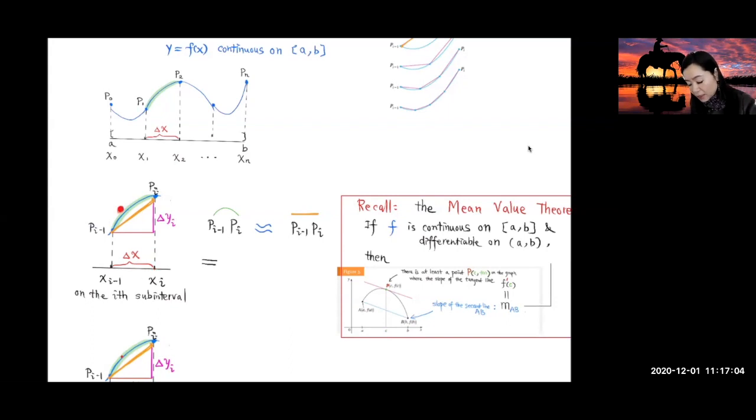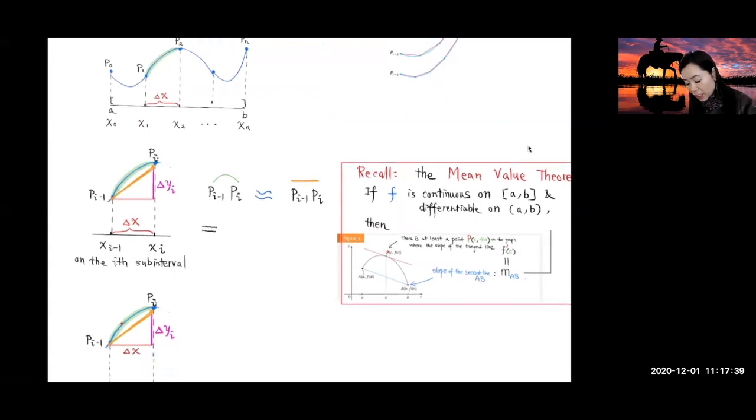This is the arc corresponding to it. We can approximate this arc by this nice segment joining the two ends, the points P of i minus 1 and P i. So this arc is approximately equal to the length of this segment.